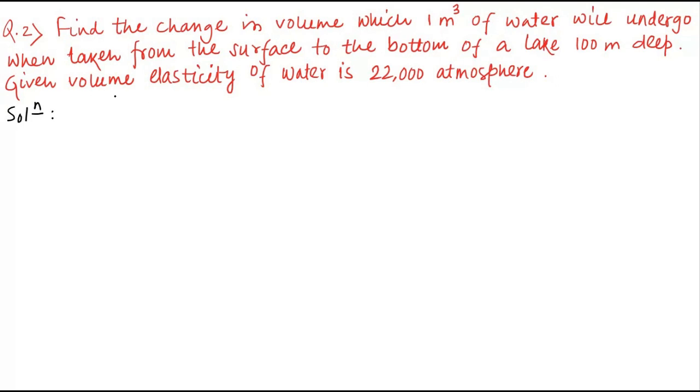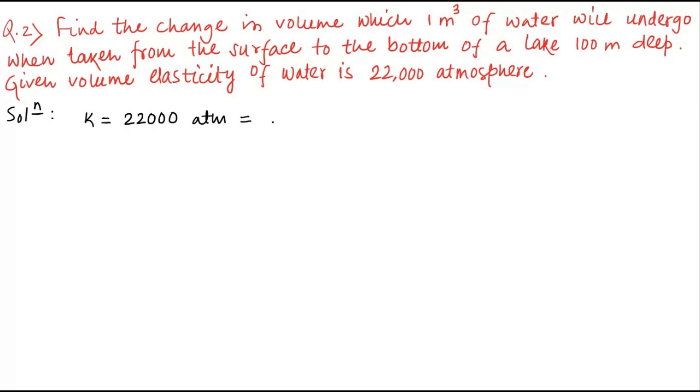Now first, the volume elasticity of water means that bulk modulus is given. So K is given, which is 22,000 atmosphere, that means ATM. First of all, you have to convert this ATM into Newton per meter square, which is the SI unit of bulk modulus.